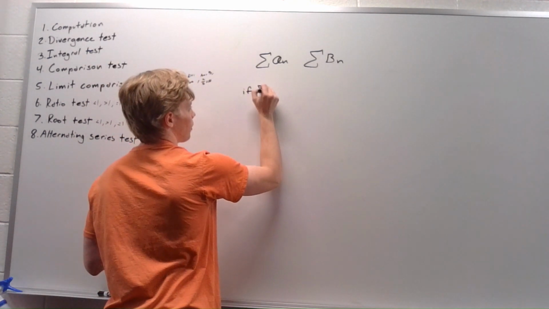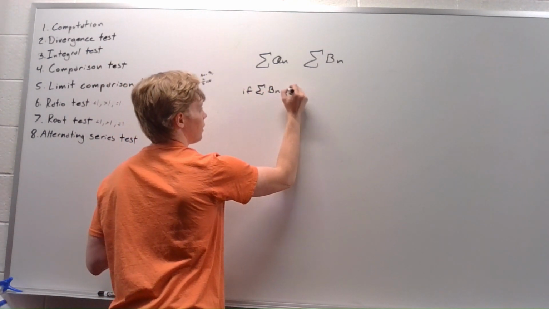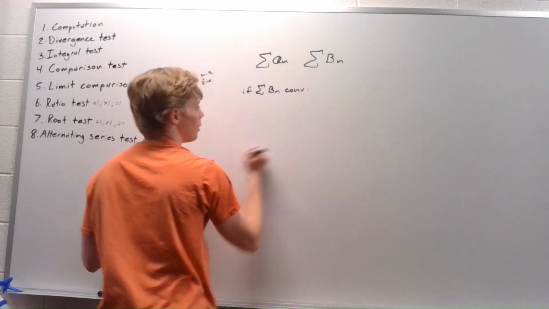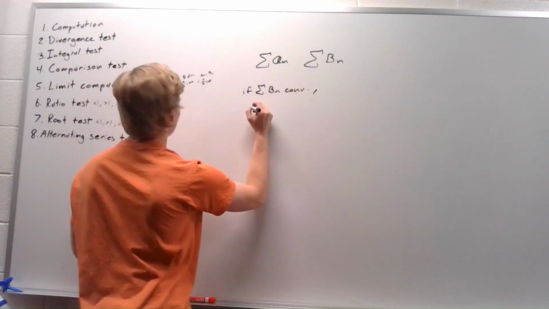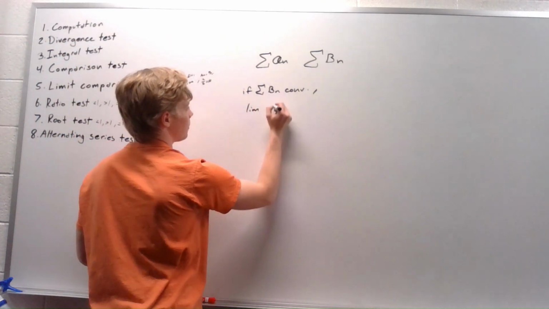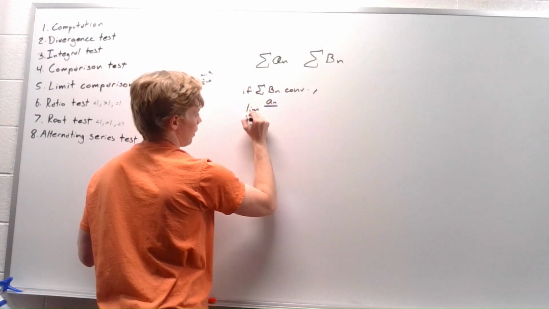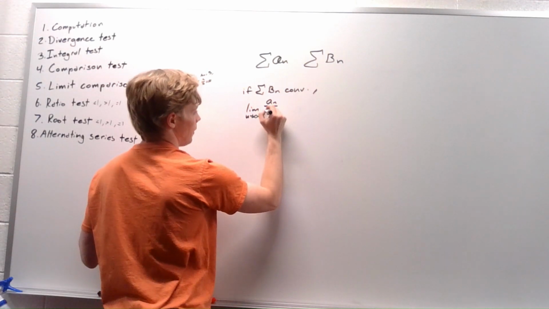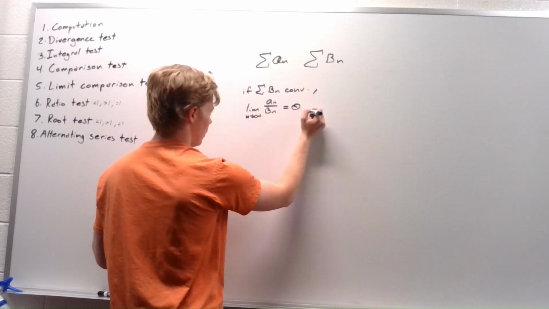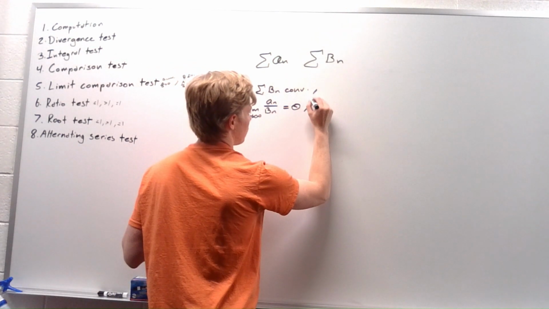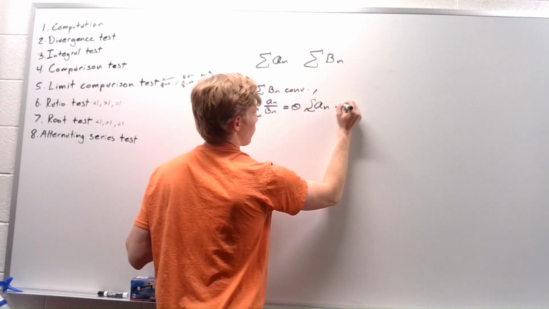If the sum of b sub n converges, then if the limit as n goes to infinity of a sub n over b sub n equals 0, a sub n also converges.